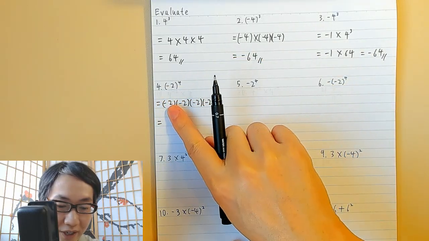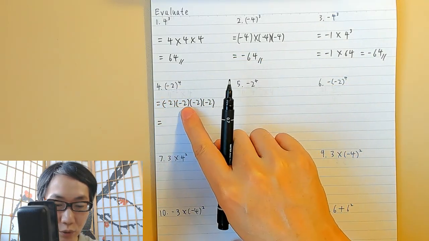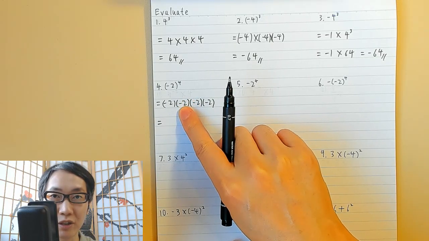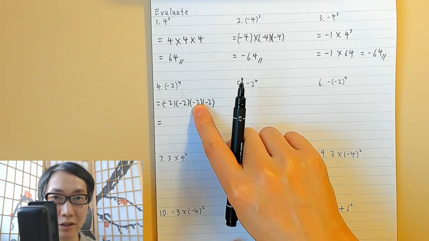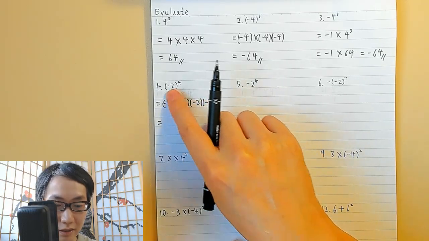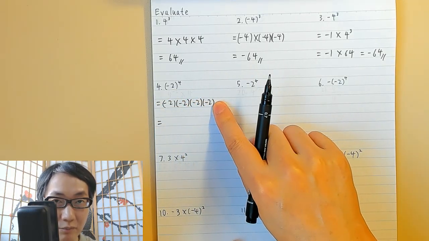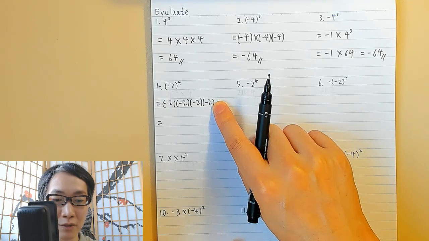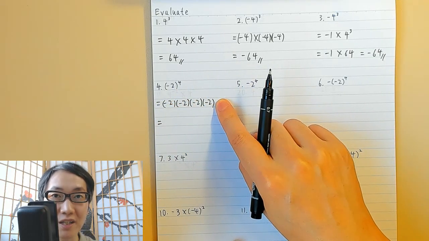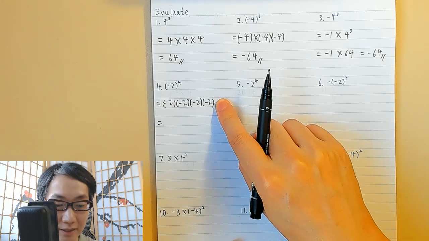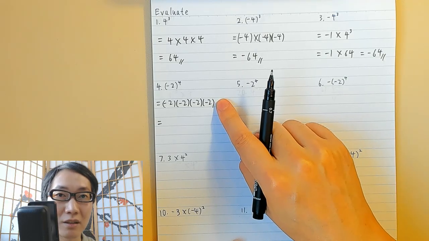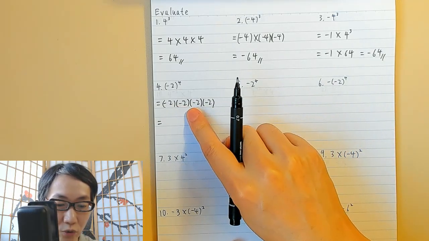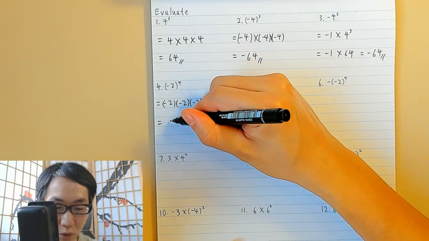We have 4 negative numbers multiplied together. 2 of them multiplied together will give a positive answer, and positive times negative is negative, and the negative result from these 3 times the negative number will be positive. So in general, with an even number of negative numbers multiplied together, we will get a positive answer. So 2, 4, 8, 16, positive 16.